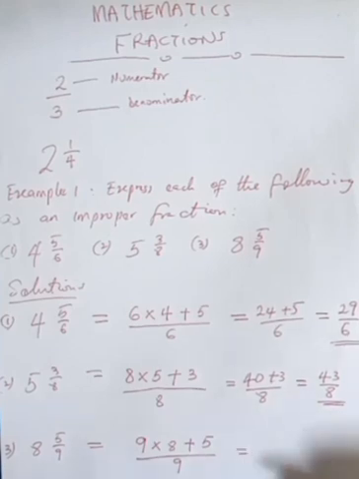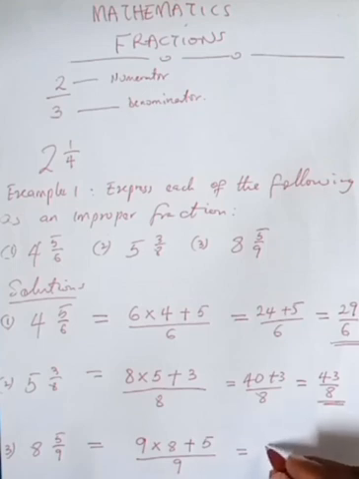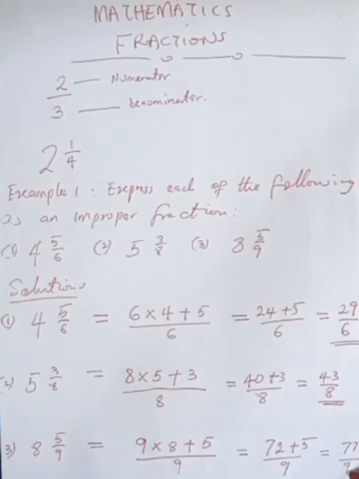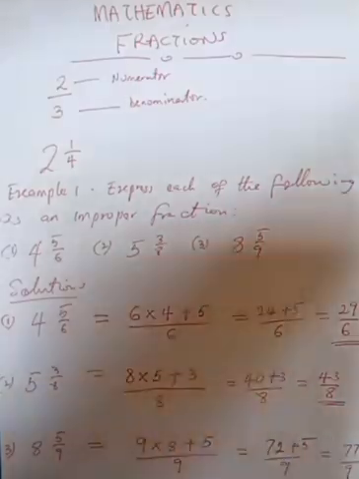So 9 times 8 here gives 72. So that will be 72 plus 5 over 9. And 72 plus 5 here is 77 over 9. So this is a simple procedure to expressing any number as an improper fraction.